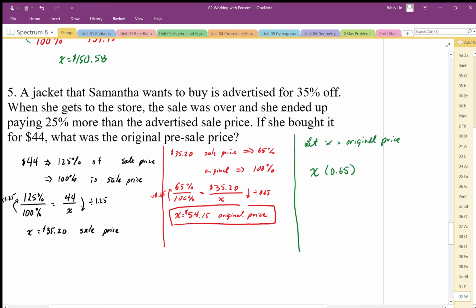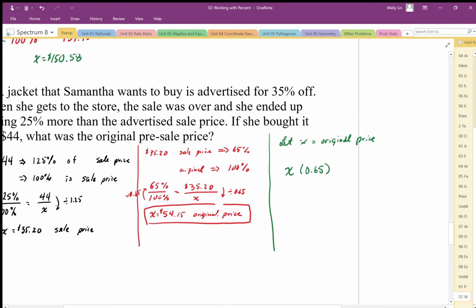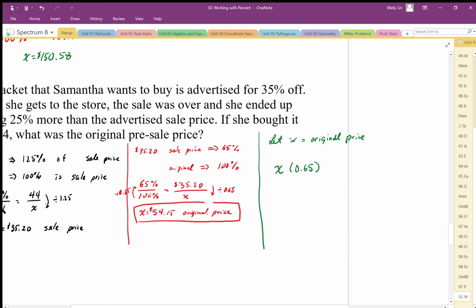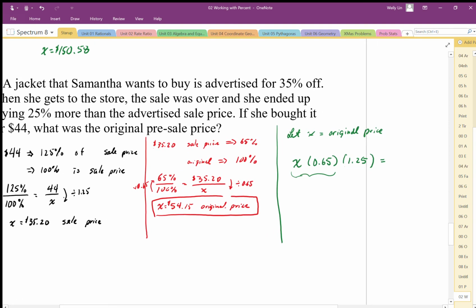Now, it says that the sale is over and she ended up paying 25% more than the advertised price. So this is my new advertised price here, and I paid 25% more than I wanted to. There's my 25% increase. And that ended up giving me a final price of $44.